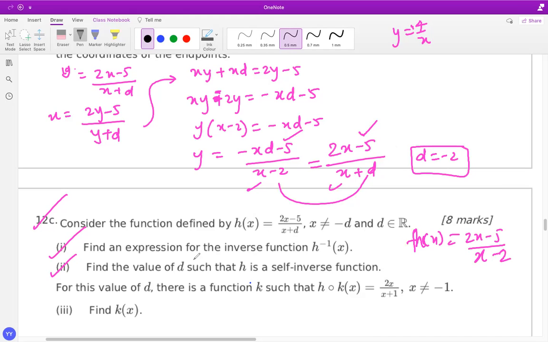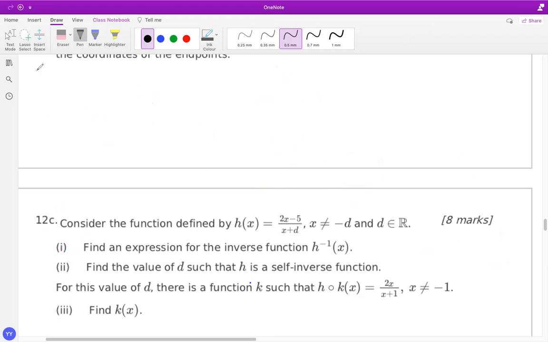Now, the next part is you have to find the expression for k of x, such that h of k of x is 2x upon x plus 1. Now this is like your decomposition. So I'll just rewrite what we have got. h of x is 2x minus 5 upon x minus 2.